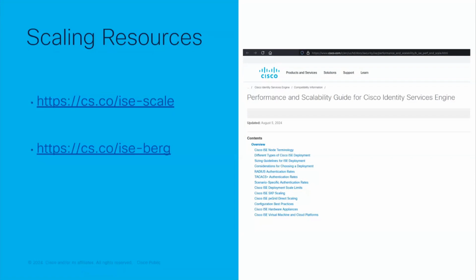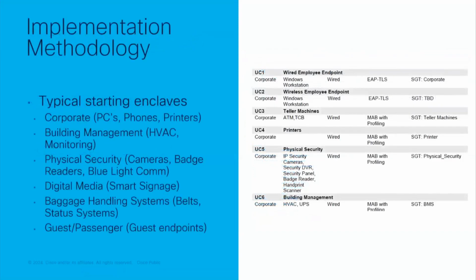When it comes to scaling, the first thing I tell my customers, especially in pre-sales, is let's talk about your use cases. Let's understand what is out on your network. The typical network is going to have corporate devices, or at least we hope. But then there may also be factory areas, healthcare areas, and building management areas where we have HVAC or some sort of building monitoring systems.